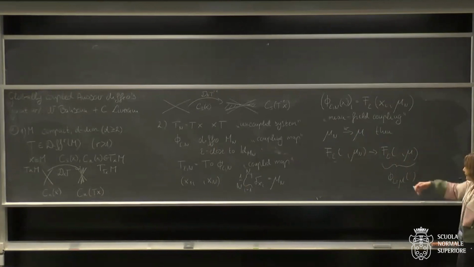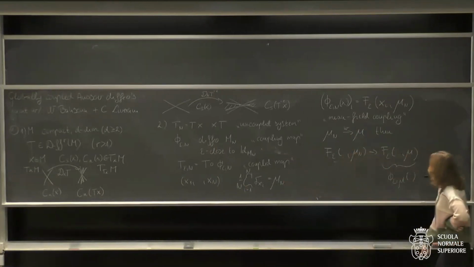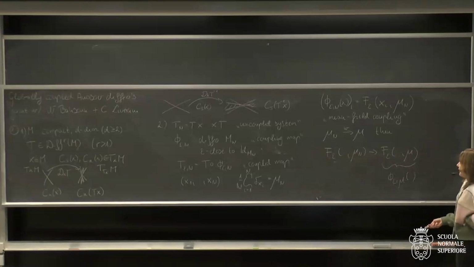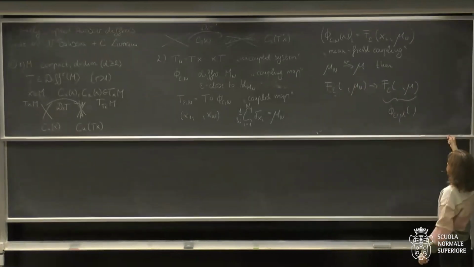So now this is no longer an empirical measure. So this is no longer a system of finitely many coupled maps, but something more general. The way I like to think about this is that this is a coupled map system with infinitely many sites, and the state of these sites are represented by this measure mu, which is a measure on M, right?